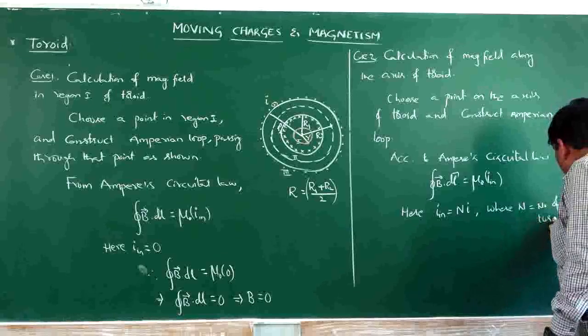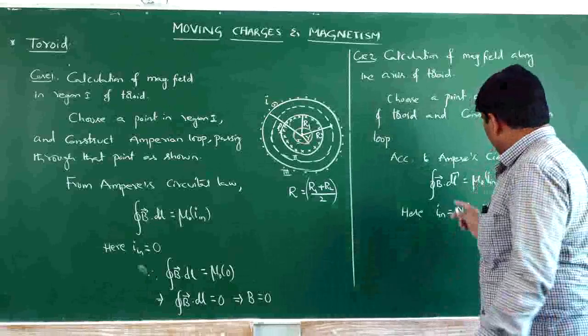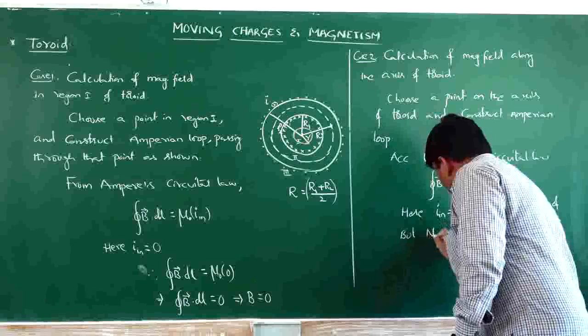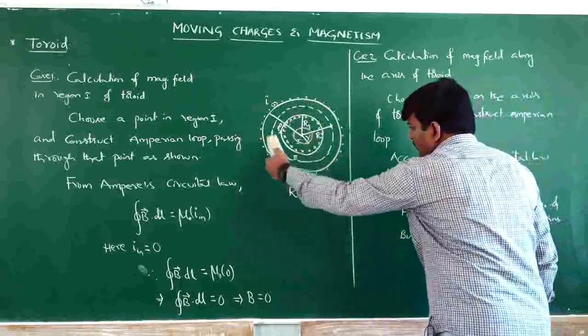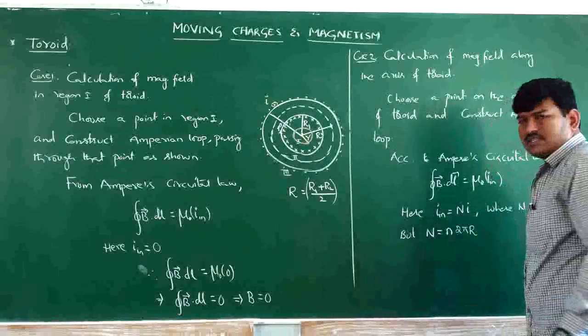Then how to find the number of turns? If small n is the number of turns per unit length, then the number of turns is equal to the number of turns per unit length into the length of the Amperian loop, that is 2 pi into capital R. Is it clear?